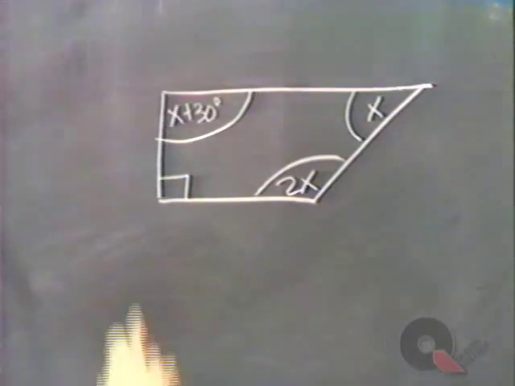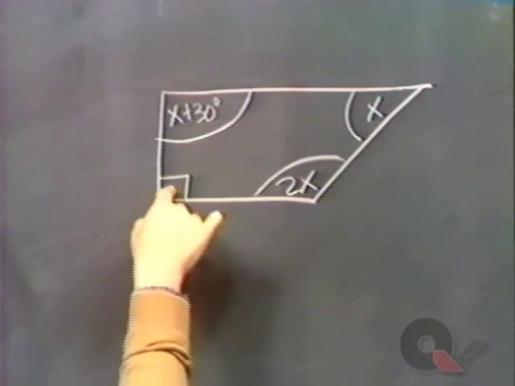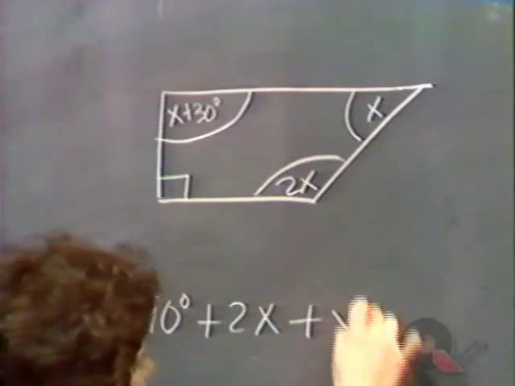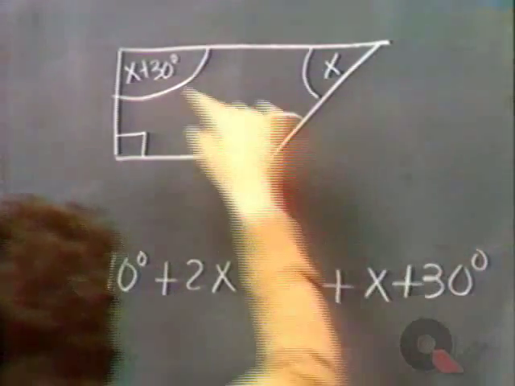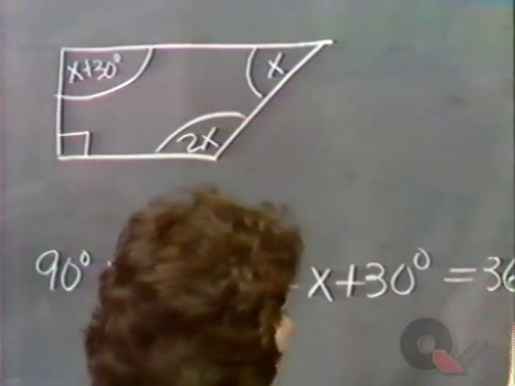Now, since the sum of the angles of a quadrilateral must be 360 degrees, I know that 90 degrees, which is the angle in here, plus 2x, the angle here, plus x, the angle here, plus x plus 30 degrees, the angle there. The four angles must add up to 360 degrees.